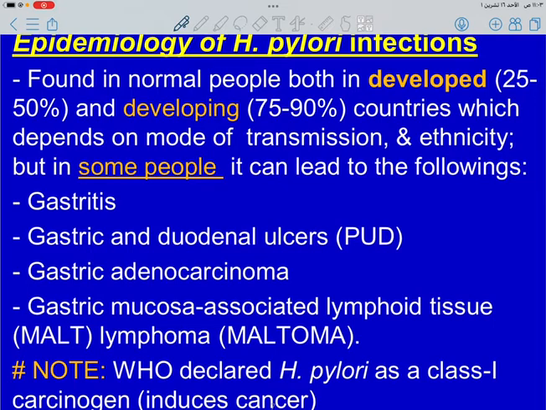WHO considers H. pylori a class 1 carcinogen. Why? Because it can result in adenocarcinoma and in lymphoma. We said these diseases are also infectious diseases at the same time.